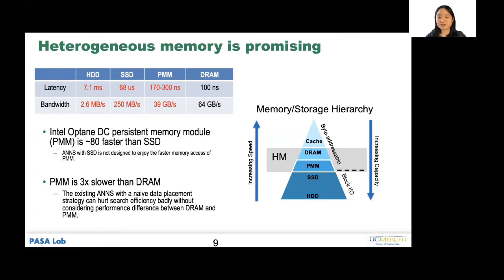The slow memory, or PM, performs 80 times faster than SSD, but it's still 3 times slower than DRAM. Therefore, SSD-based approximate nearest neighbor search, or existing approximate nearest neighbor search with a naive data placement strategy, can hurt the search efficiency badly.